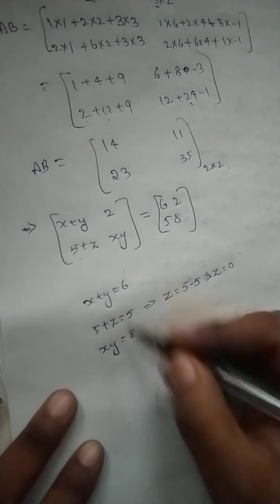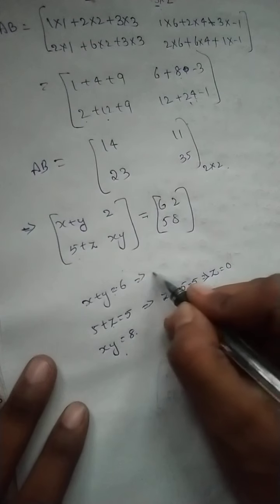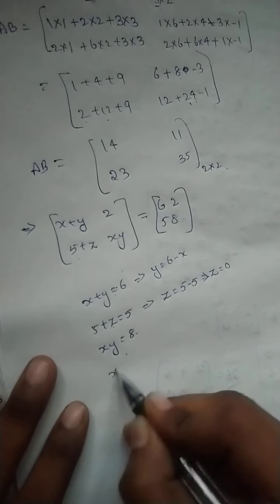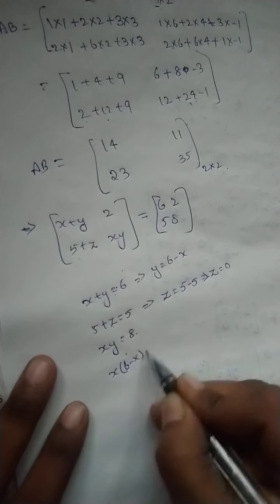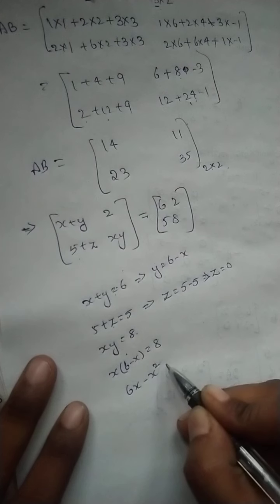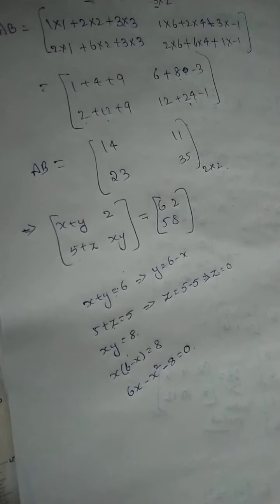Now from these two equations we have to find the value of y. Now you see, from this one I will take y as 6 minus x. That value I will substitute here. So x into y is equal to 8, so 6x minus x square minus 8 is equal to 0. Okay.